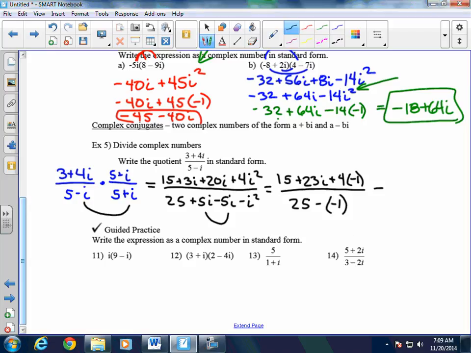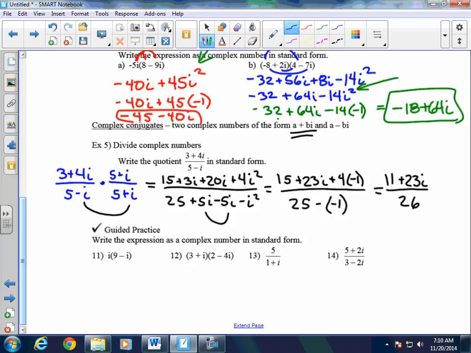So we simplify this. In the numerator, we have 15 minus 4, which is going to be 11, plus 23i. In the denominator, we're going to have 26. So here's what we have. Now, we always want to write our imaginary numbers in a form that looks like this, a plus bi.